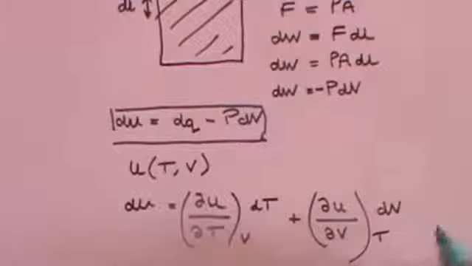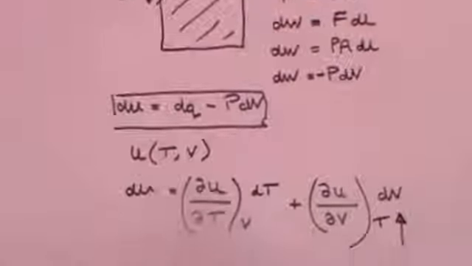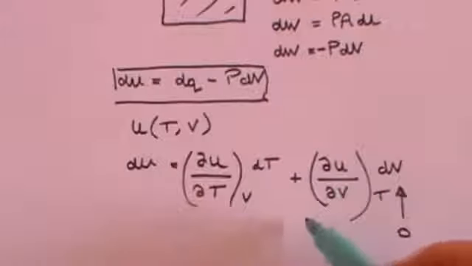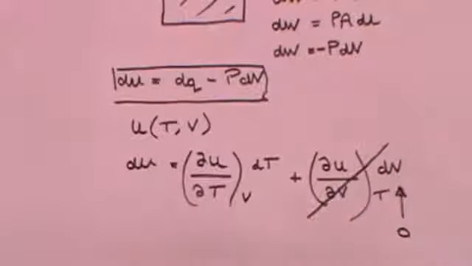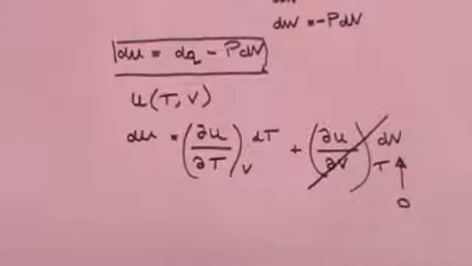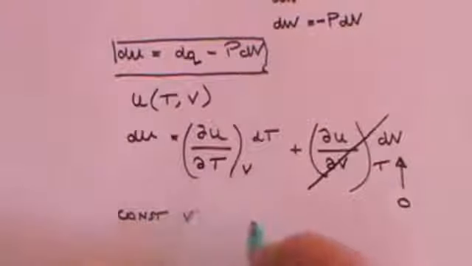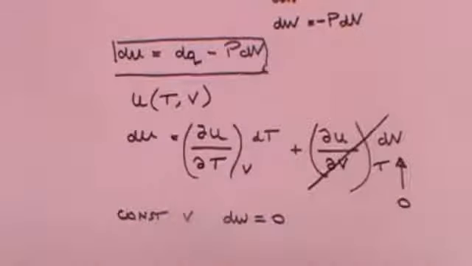Now, at constant volume, dV is 0 because there is no change in volume, and so that whole term goes out. And so we've got constant volume, and at constant volume that means of course that dW is 0 because we said that above.